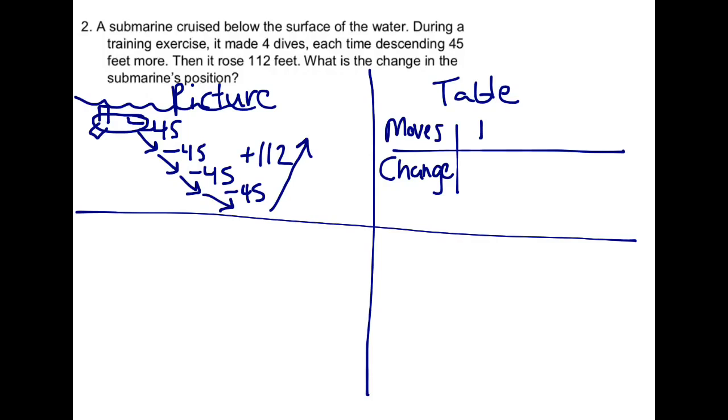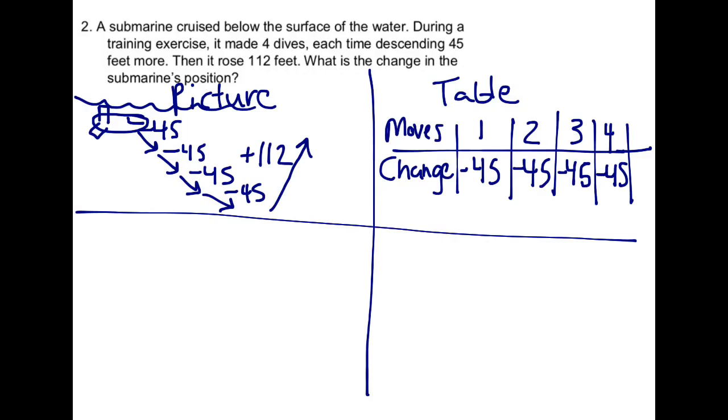For move 1, it went down negative 45. For move 2, it went down another negative 45. For move 3, another negative 45. Move 4, another negative 45. And then its last move, move 5, it went up positive 112.